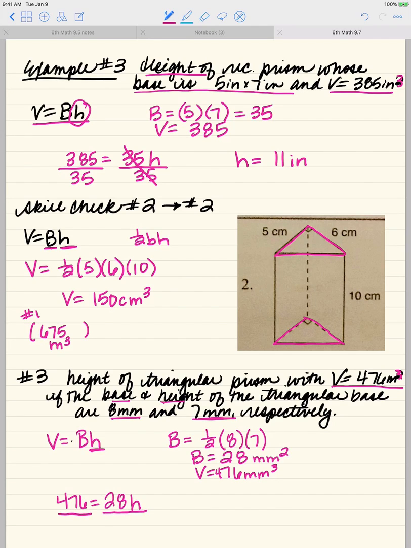We need to get little h all alone, so we divide both sides of the equation by 28. 28 divided by 28 is 1, so that cancels out. That's what we want. Leaves h all alone, and h is equal to 476 divided by 28, which is 17. So the height of our triangular prism is 17.